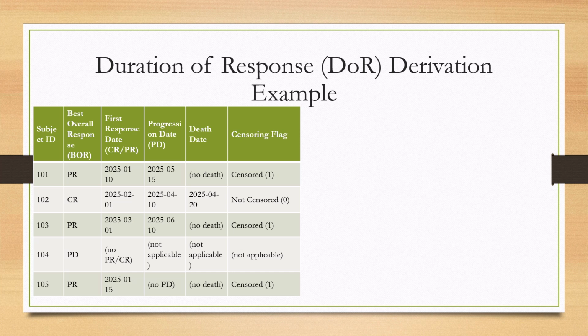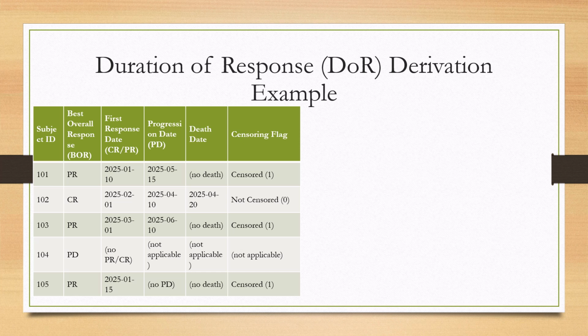For subject 102, the first response date is the 1st of February 2025, which is the CR, and the progression date is 10th of April 2025, whereas the death date is 20th of April 2025.